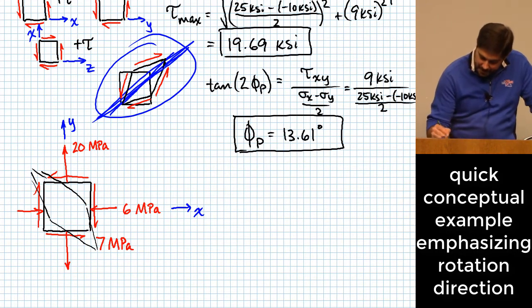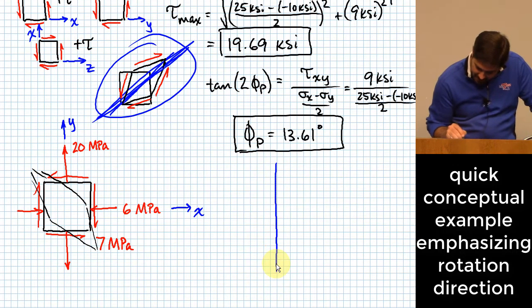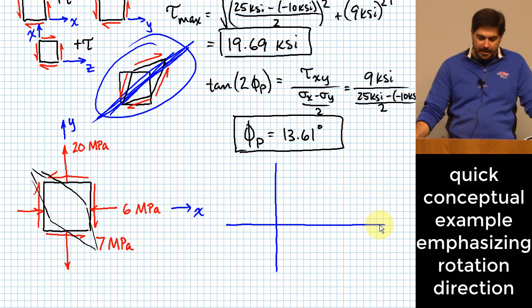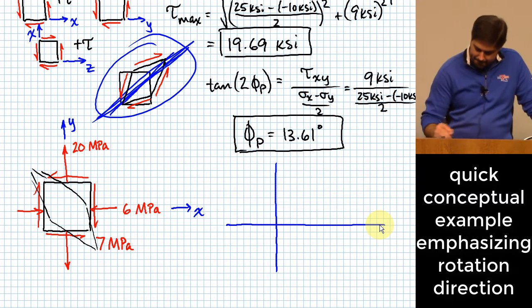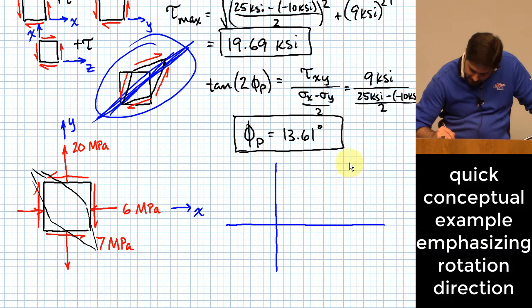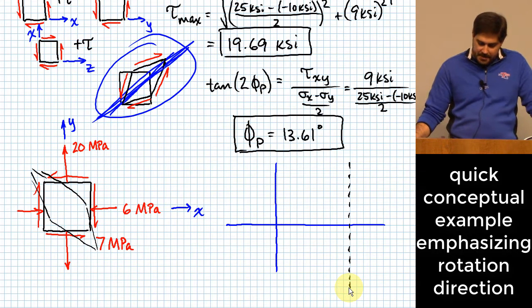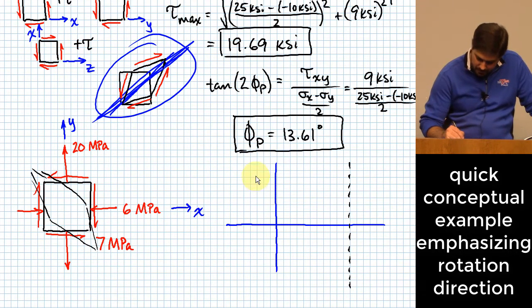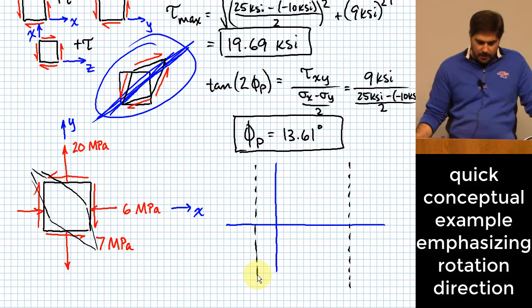Here, I'll tell you what, it'll take me just a second to sketch what the Mohr circle diagram would look like. How would I do that? I would have a 20 MPa that would be over here somewhere. I won't try to do this one perfectly to scale. I would have a 6 MPa that would be where? Over here somewhere. Where I had my 20 MPa, do I have a positive or negative shear?